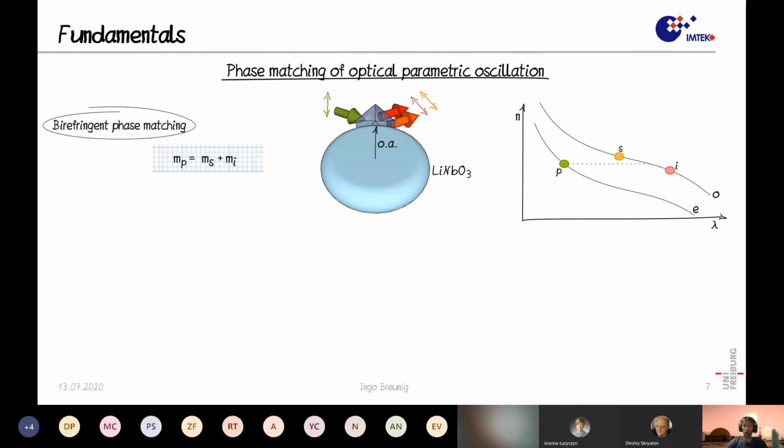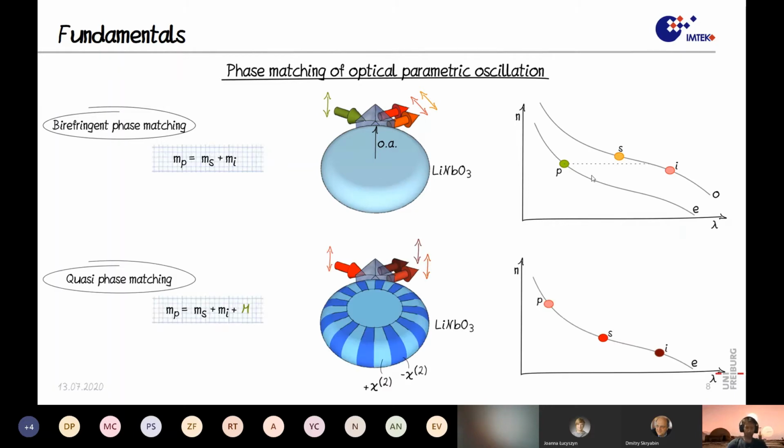But what to do if your material is not birefringent, or you don't hit this extraordinary point where your pump frequency is exactly such that you fulfill this condition? Then you can just accept that the refractive index of the pump is too high.